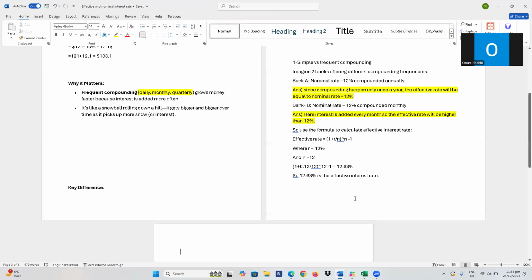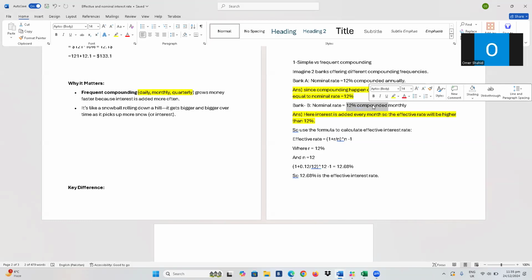In that case, you do not need to divide it by n. Simple. Because why are we dividing it by n? Think. We are dividing it by n because we need a monthly interest rate, since it is compounded monthly. Obviously we can't use an annual interest rate for monthly compounding. So I hope now you are clear with the concept.